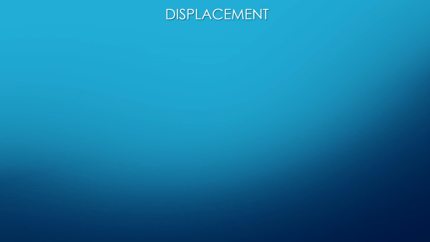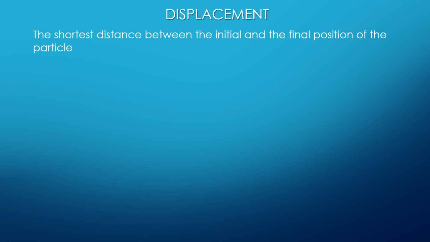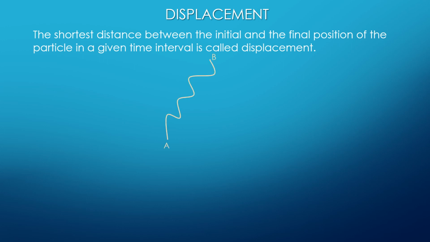Now we'll define displacement. The shortest distance between the initial and the final position of the particle in a given time interval is called displacement. As we have studied about distance, a particle travels from A to B in a given time interval, but in displacement, the shortest distance between A and B is nothing but the displacement.